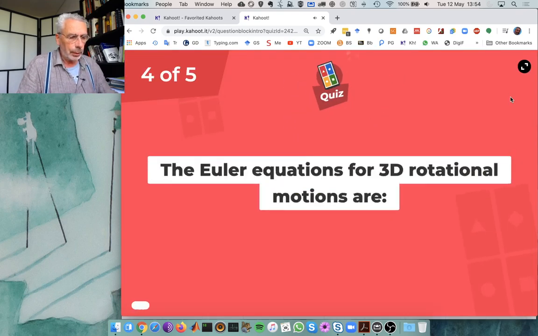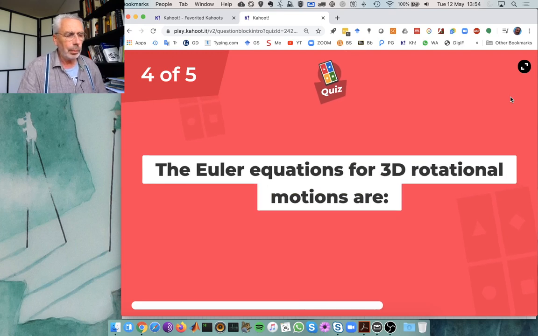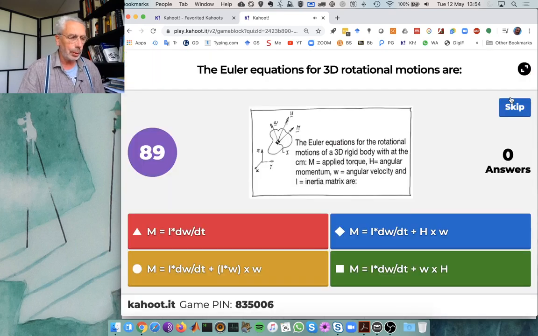Okay, next one. The Euler equation of motion for 3D rotational motions. You see one rigid body with an angular speed, an applied torque, a mass moment of inertia matrix, a capital I, and an angular momentum vector h. The big question is, what are the Euler equations of motion for this body? Of course, you can use external sources or discuss with your colleagues.